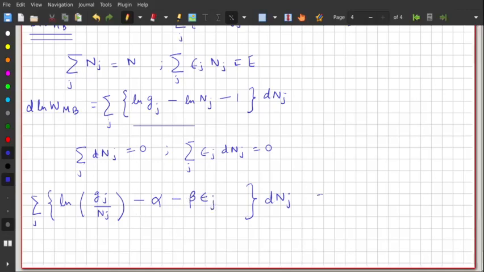This should be equal to 0. If this has to be 0 for arbitrary variations of dnj, that means this entire thing has to be 0.